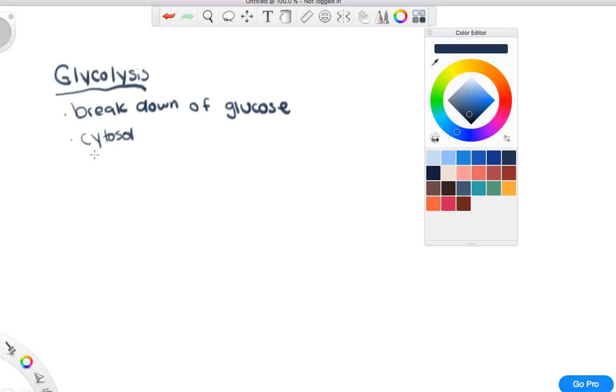So here's what glycolysis is going to do. You're going to start off with glucose, which is a 6-carbon molecule. You are going to convert this to G3P, which will be converted to pGal, familiar from photosynthesis.